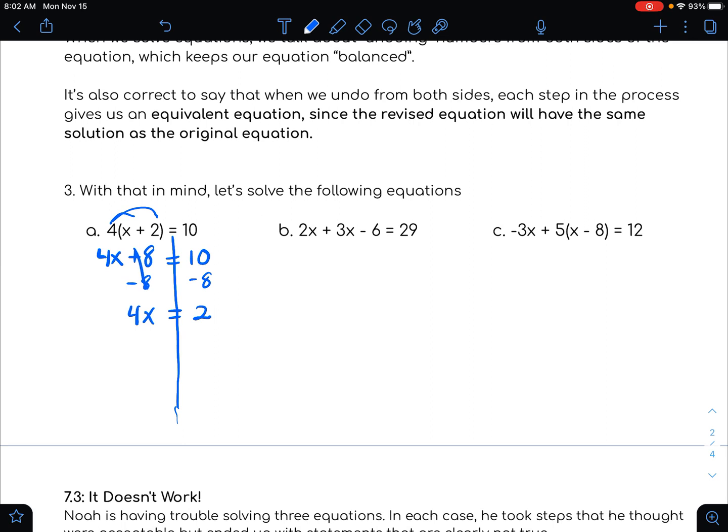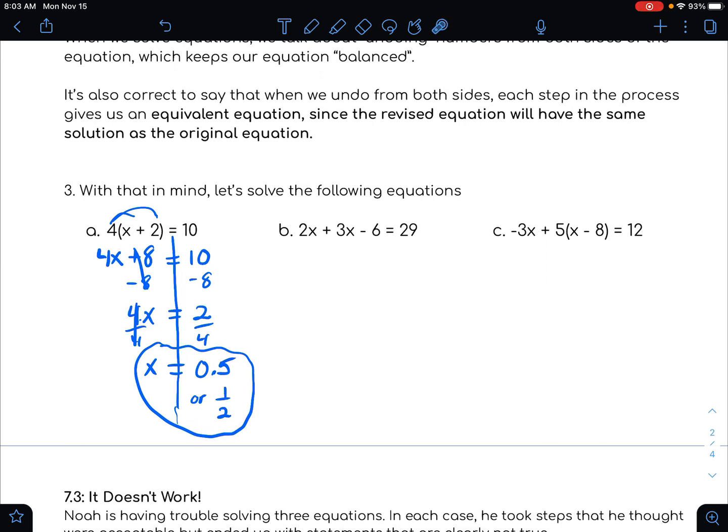Okay, so that something must be a fraction because it's getting smaller. And so if we divide to undo this multiplication, 4 times x, if we divide both sides by 4, 4 divided by 4 is 1, so 1x, or just x. 2 divided by 4 is either going to be written as a decimal, 0.5, 5/10, or maybe you can reduce the fraction and you'd state it as just 1/2. 2/4 as a reduced fraction is 1/2.